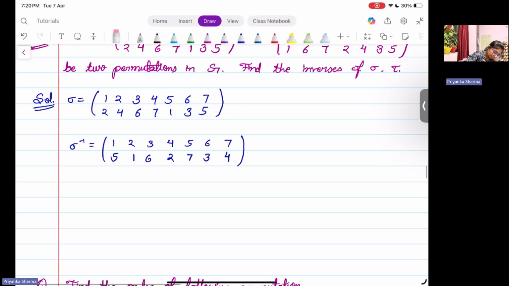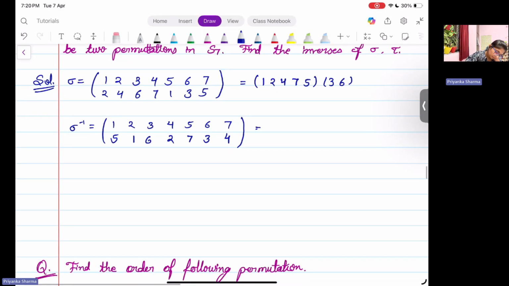Now, what is the cycle decomposition for these two? So this is the same as (1, 2, 4, 7, 5). 3 is remaining, no? (3, 6). That's it. What about this?